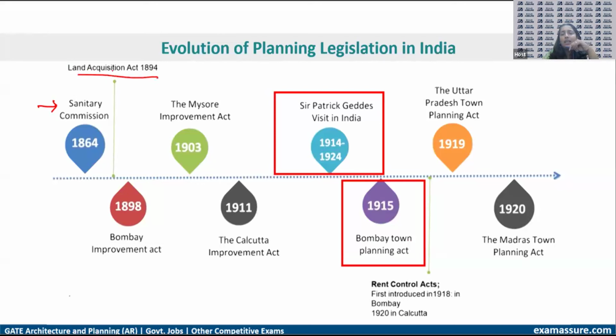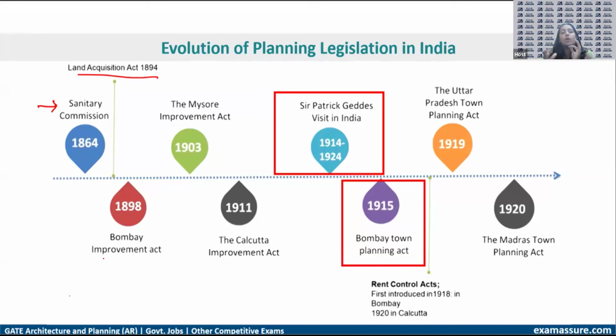This was primarily made for acquisition of land in Bengal, for more development, etc. And this act went on till 2013. Then along with that, we had city improvement acts, where we had the Bombay, Mysore and Calcutta Improvement Acts that came up one after the other. Again, the idea behind these improvement acts was the same, that is, to more or less improve the living conditions.